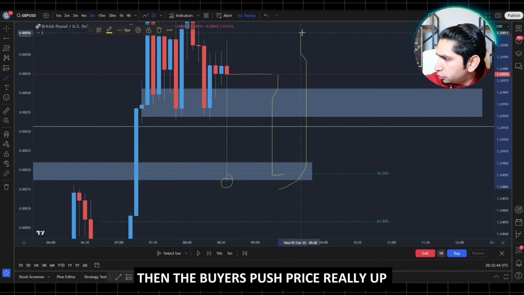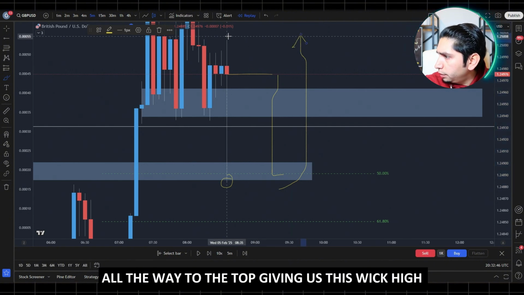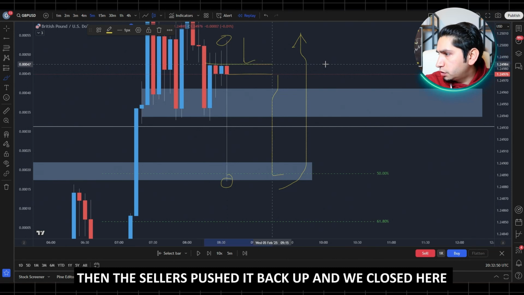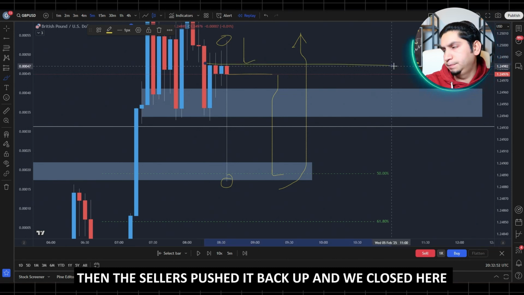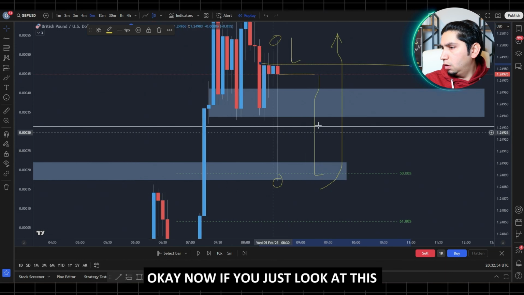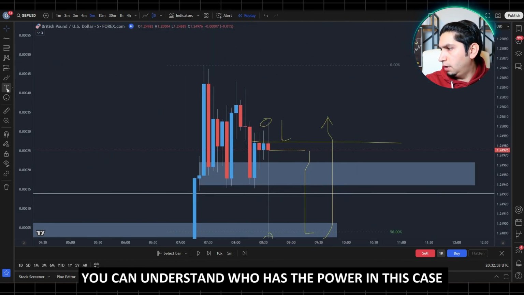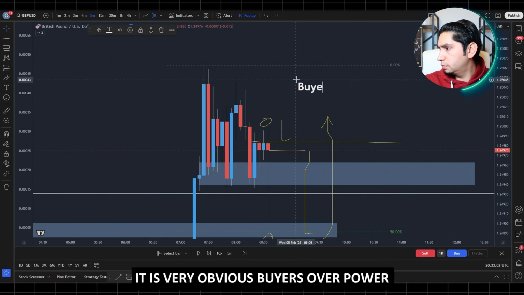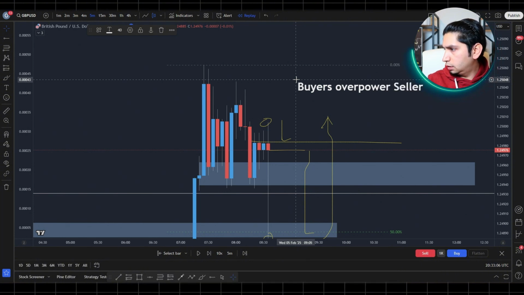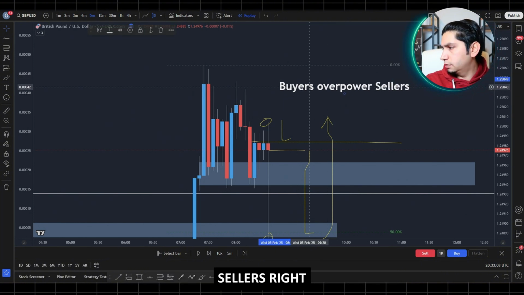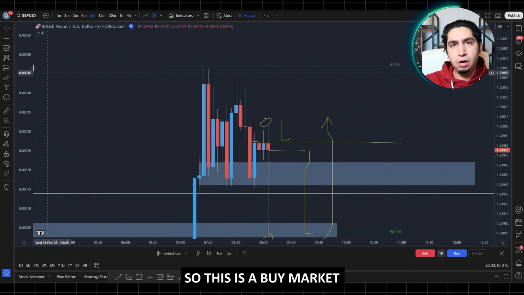Then the buyers push price really up all the way to the top, giving us this wick high. Then the sellers pushed it back and we closed here. Now if you just look at this, you can understand who has the power. In this case, it is very obvious. Buyers overpower sellers, right? So this is a buy market.